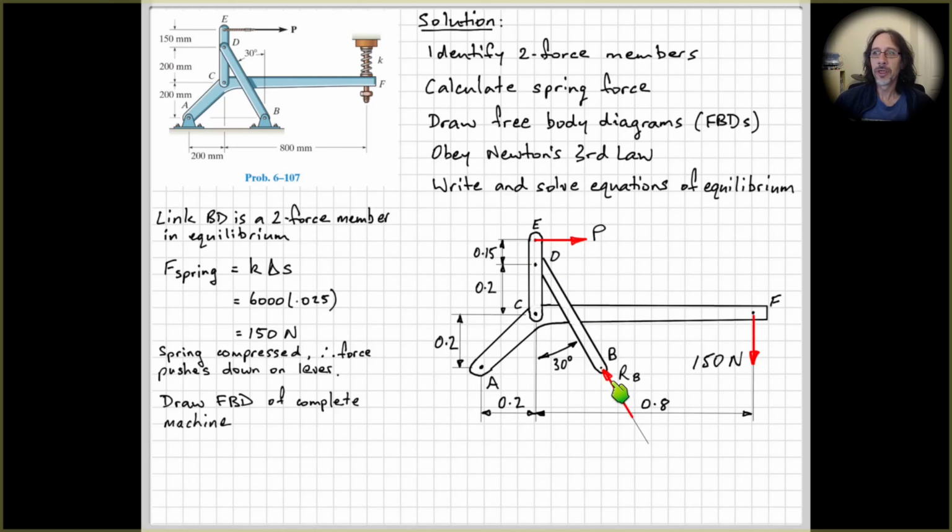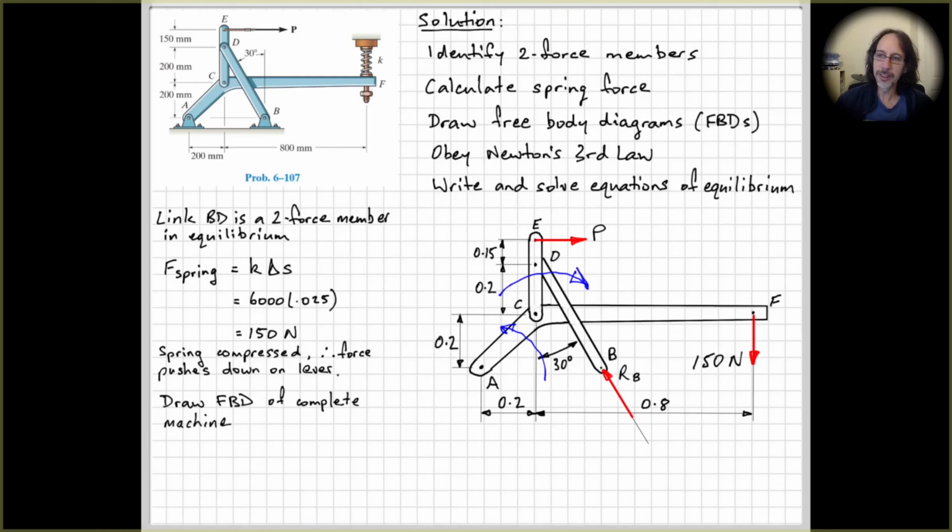How did I work that out? If I imagine I take moments about point A down here, then I can see that the force up here, P, is tending to rotate around clockwise about point A. So therefore, our force down here must be pushing back upwards to give us a moment around this way, anti-clockwise about point A, for equilibrium to occur.